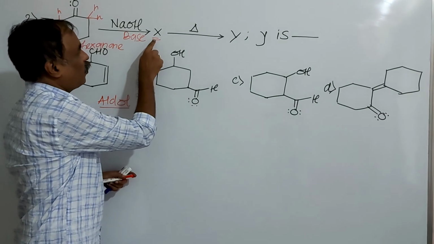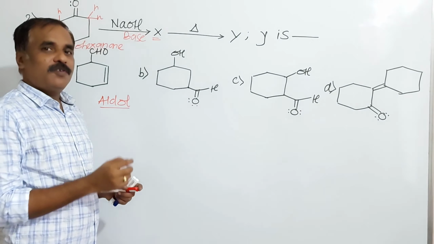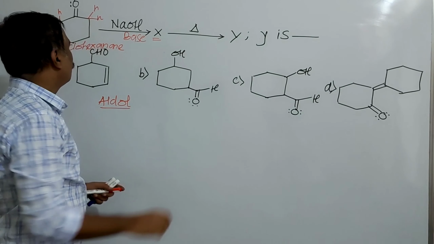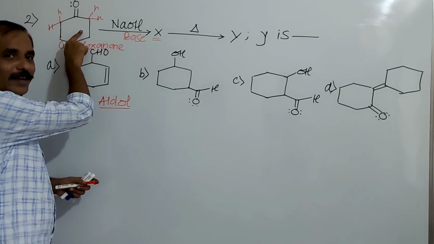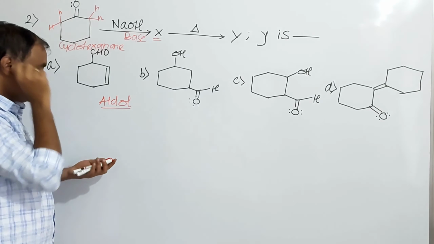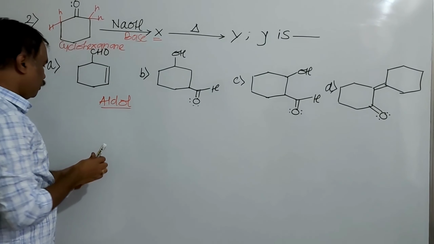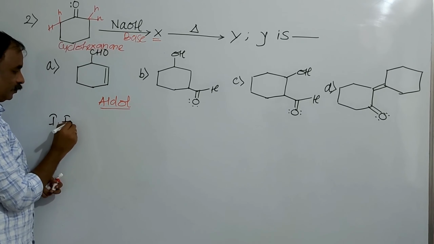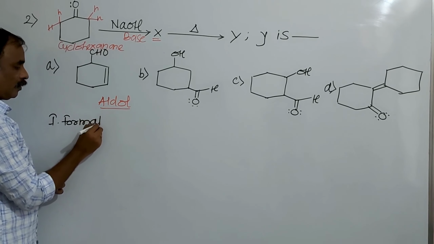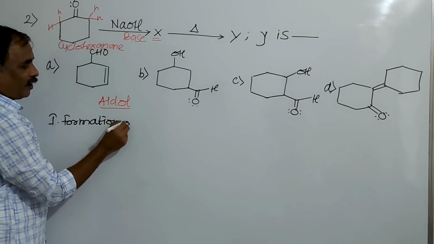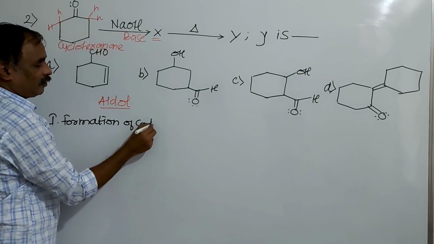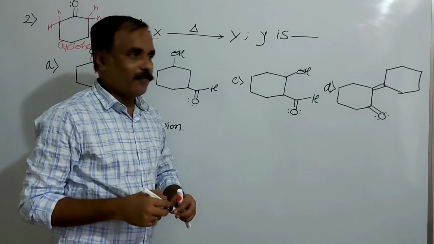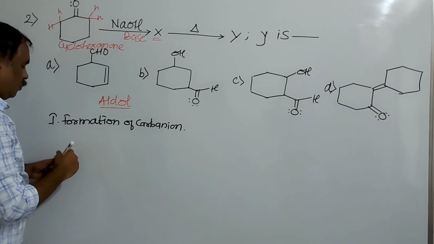Now we have to find out X. By using the mechanism of this reaction, we can find X, then Y. The reactant, the carbonyl compound, is cyclohexanone. What is the mechanism? Formation of carbanion. For that, an alpha hydrogen is required, and here 2 alpha hydrogen atoms are there.